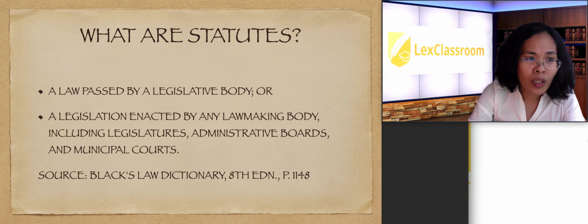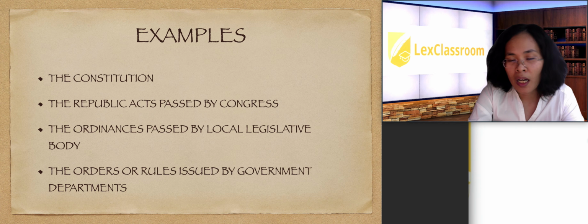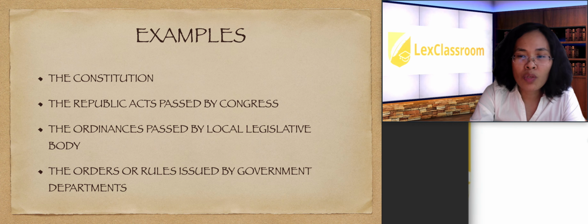And also, I'll give you as an example of laws, the Constitution, whether it's the 1986 or 87 Constitution, the 1973, regardless, because we all know that the Constitution is the basic law of the land. Then Republic Acts passed by Congress.